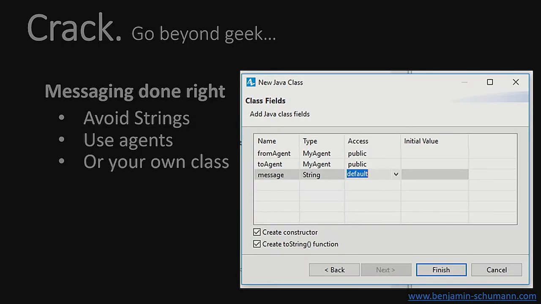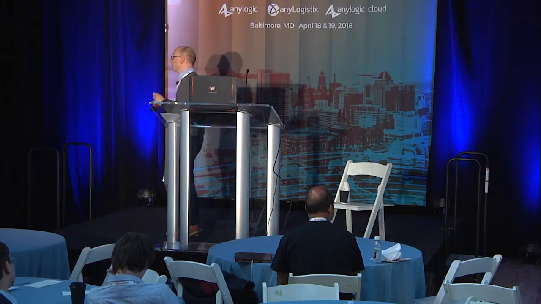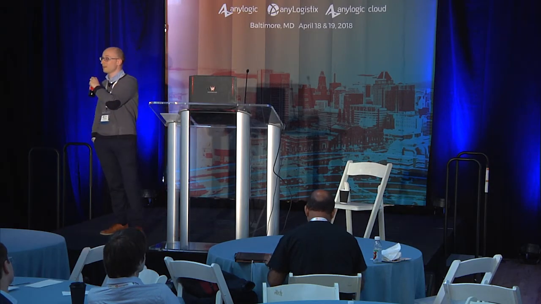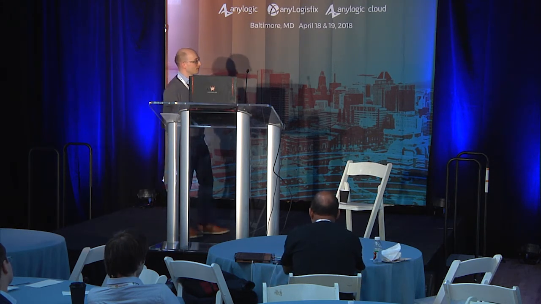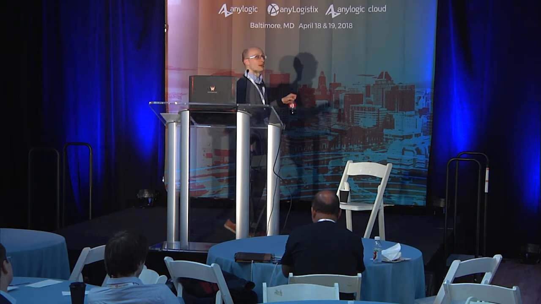But you can also go beyond that and create your own message class, where the different dimensions are where's the message coming from, where's the message going to, maybe what is the message, and you can go into all sorts of complexity there depending on what kind of system you model. So I think this is a really good idea for more complex models where you have a standard approach to message passing, you just create your own class and you can control that fully.